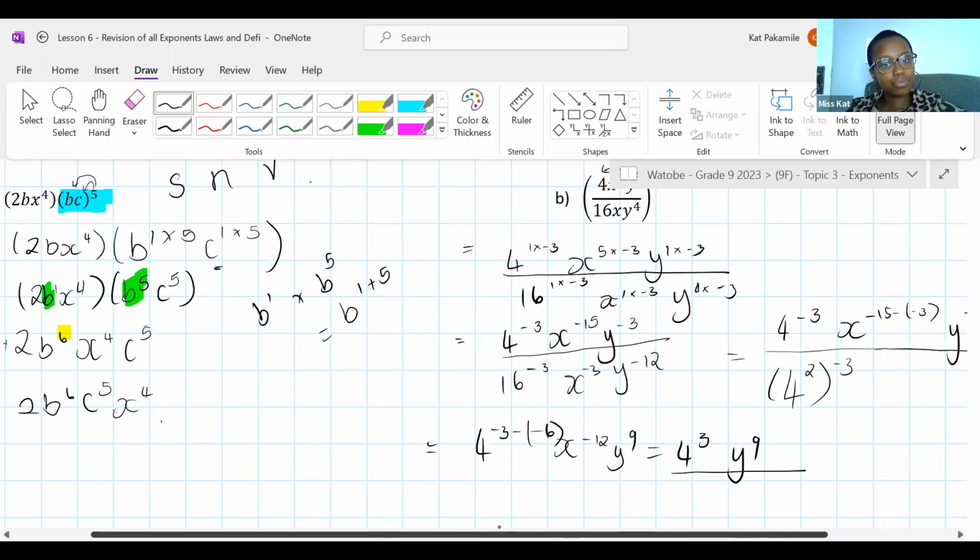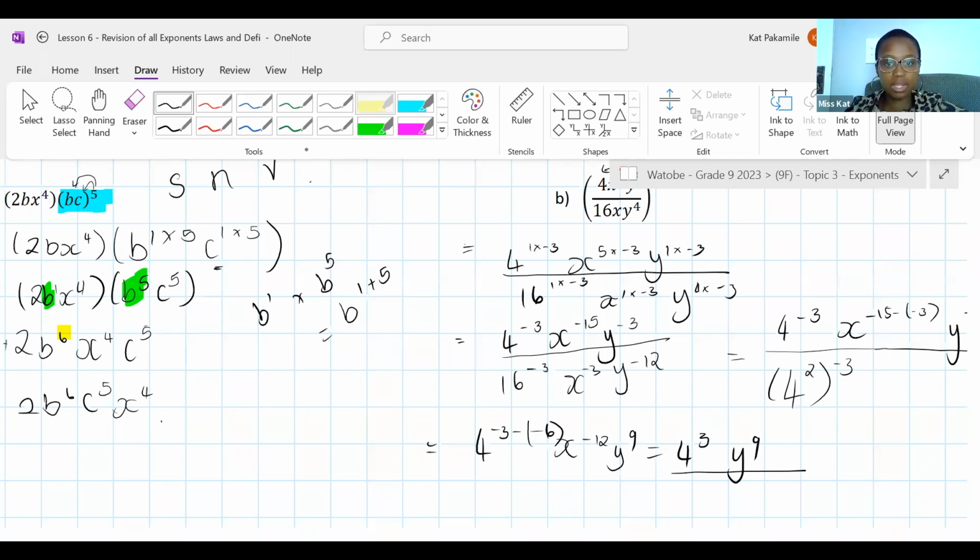We got x to the -12. It goes at the bottom, so it becomes positive. And if we're going to simplify further, tell me what 4 cubed is, because that's what we're left with. 4 cubed is 64. So 64 y to the 9 over x to the 12.